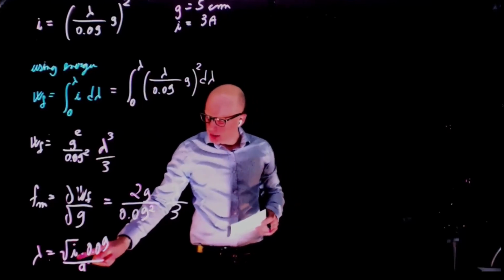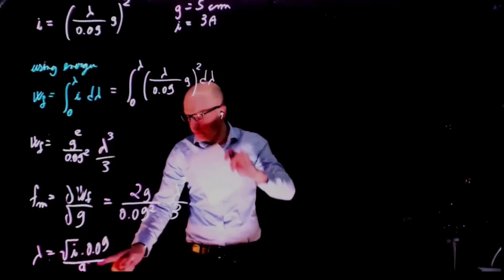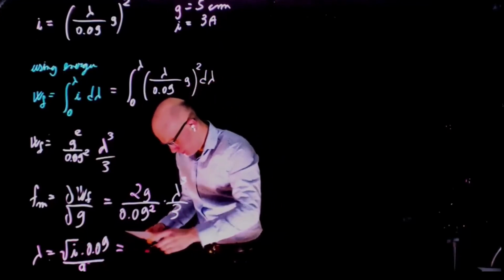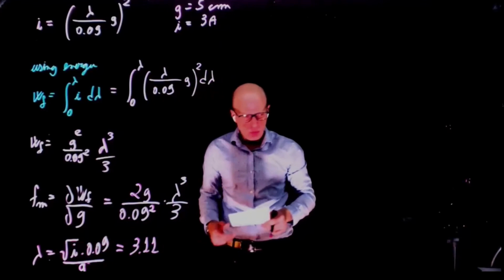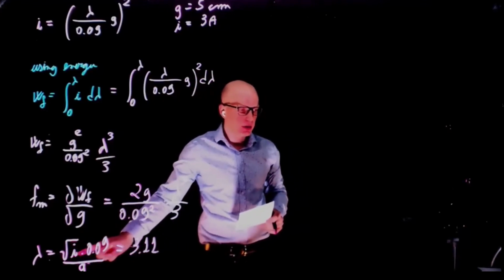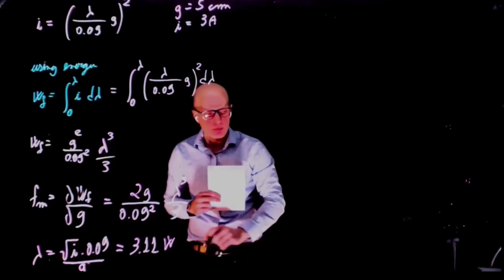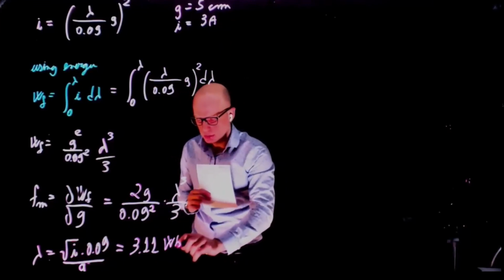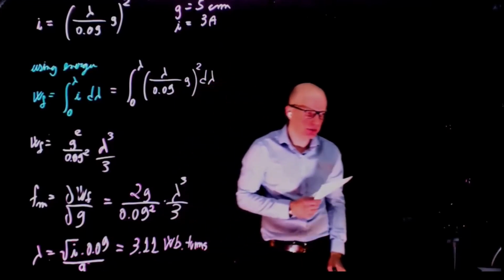So we have the current, we have G. For 3 amps and for 5 centimeters, this gives 3.11. What is the unit for the flux linkage? It's the unit for the flux, which is Weber times turns. Weber turns.